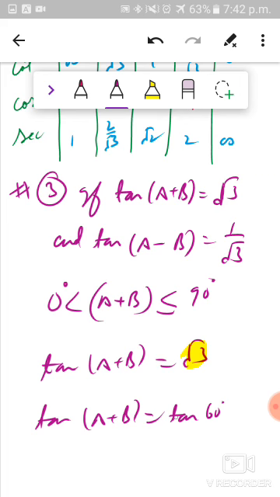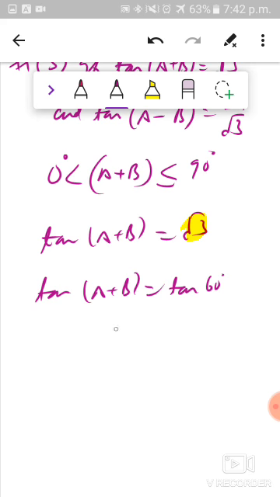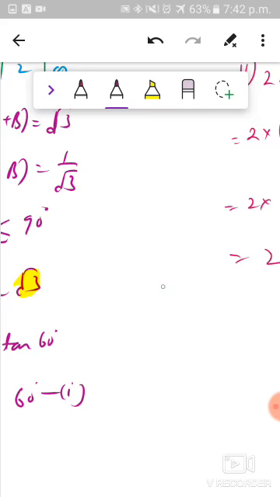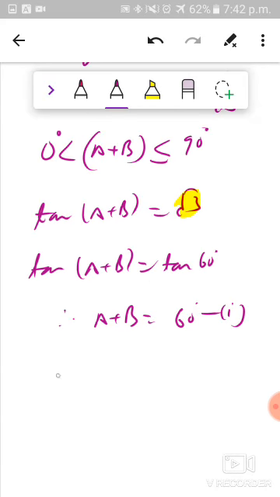So in place of root 3 I have written tan 60 degree. By comparing, you can see a plus b is equal to 60 degree. Equation number 1.